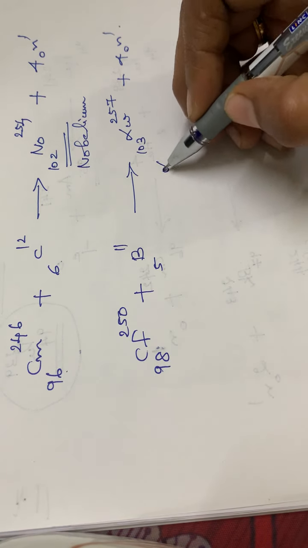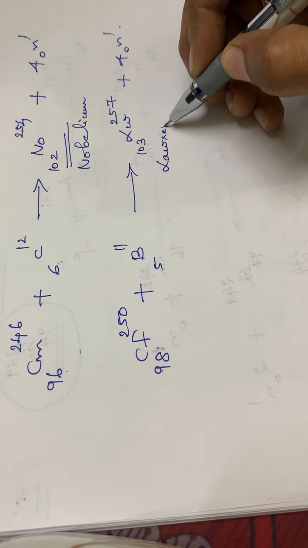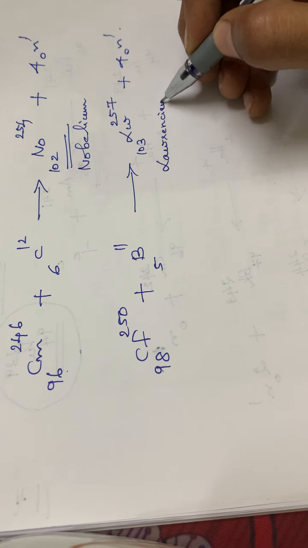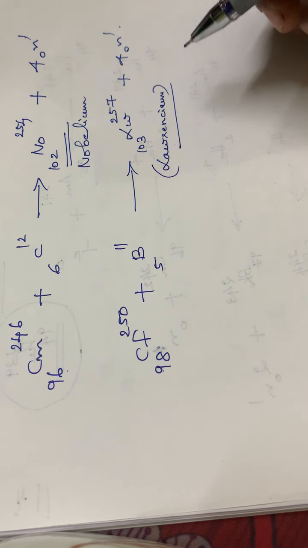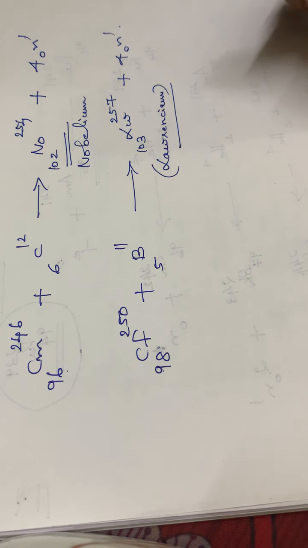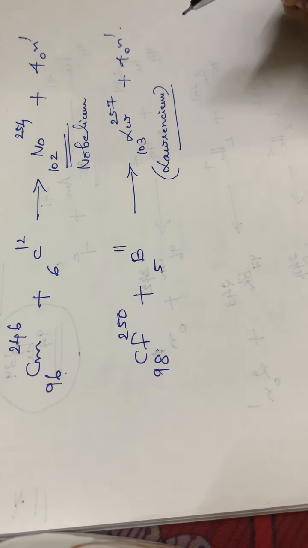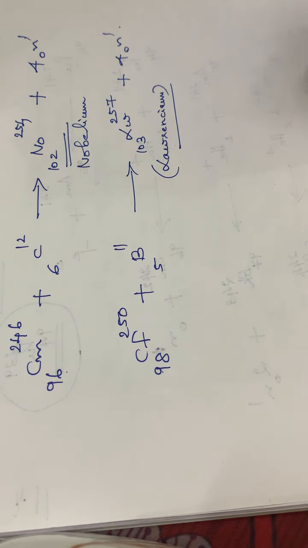So this is lawrencium. We got all the transuranic elements starting from the starting compound uranium. These are some of the methods of preparation of the transuranic elements.